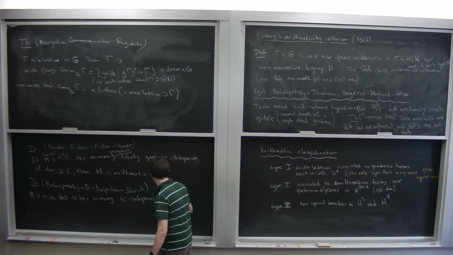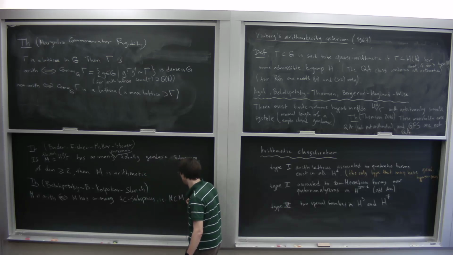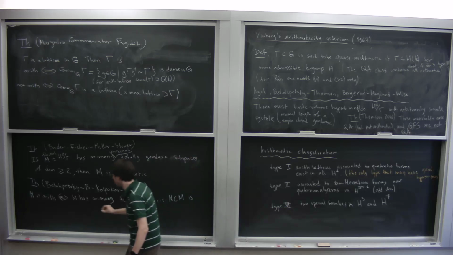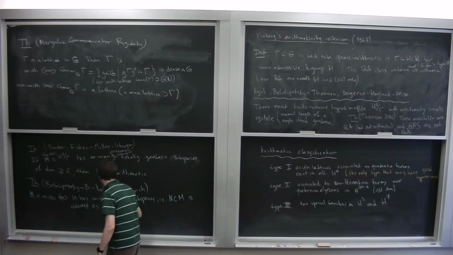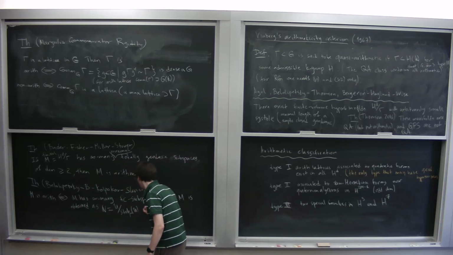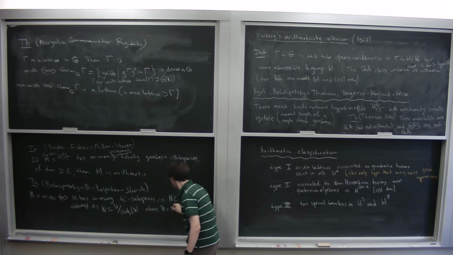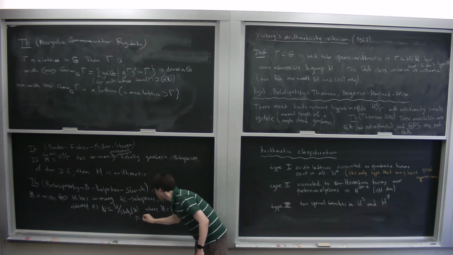Which means that N is obtained as the projection of some plane over the stabilizer of this U in Gamma, where U is the fixed point set of a finite subgroup of the stabilizer.